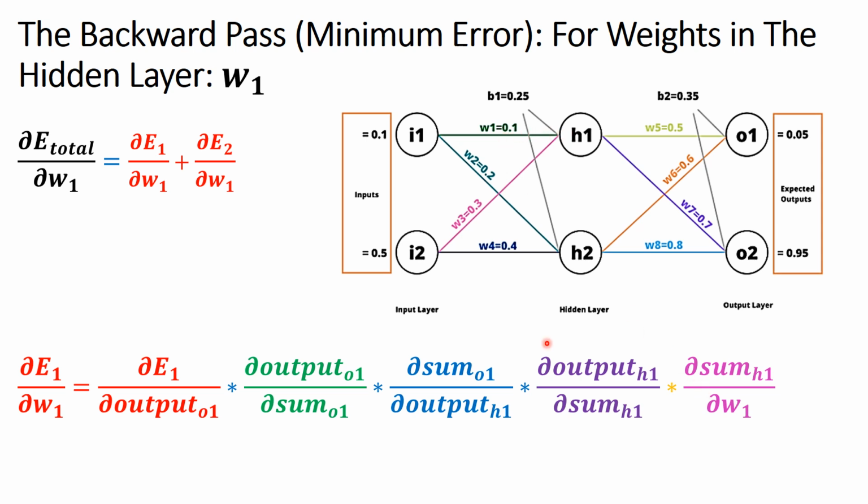And this gives us the gradient of E1 with respect to W1, this term. Now we compute each component of these 5 components separately and then we multiply them together.